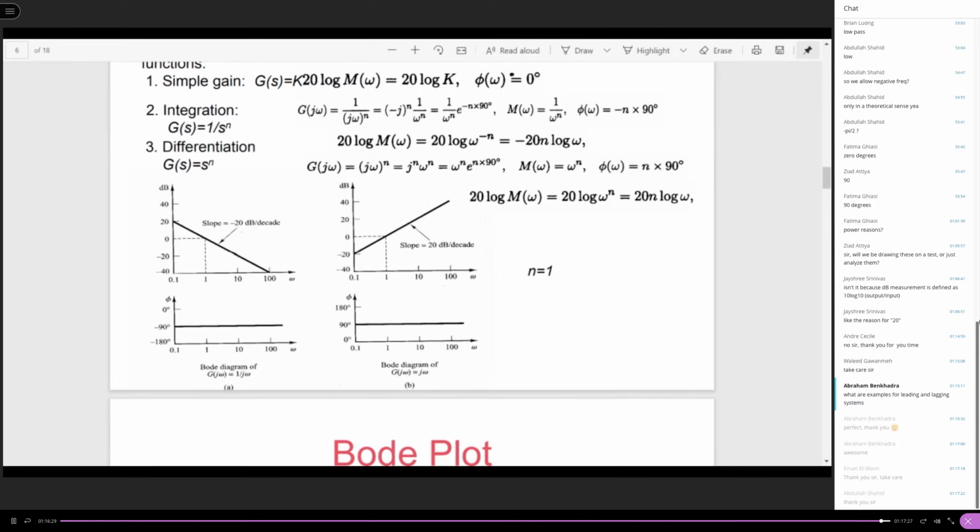It is solely determined by its phi of omega. Once you have the transfer function model of a system, whether it is phase lead or phase lag is already determined. All you need to do is check its phi of omega, and that should be easily done.